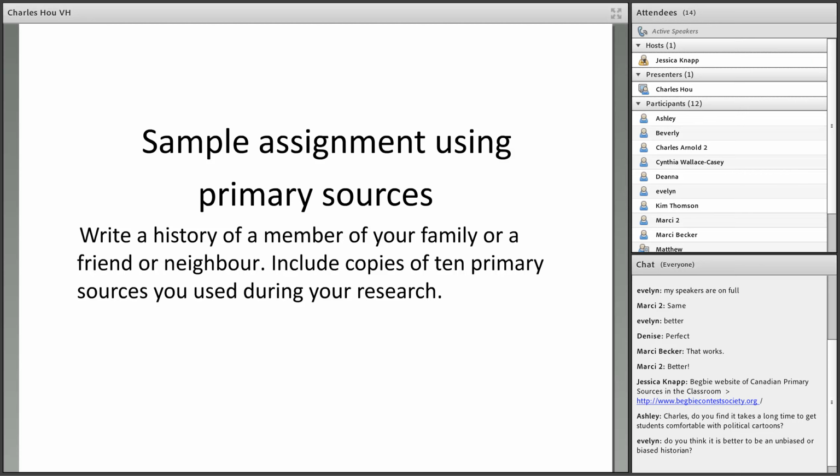Ellen asks, do you think it is better to be an unbiased historian or a biased historian? Well, good historians try and keep their perspective under control, but the most interesting books that I've read are those with strong interpretations, like Donald Creighton's book, The Empire of the St. Lawrence. It's just wonderful. It just flows, but he doesn't tell us everything about history. He leaves out Western Canadian history, and he doesn't talk about labor.